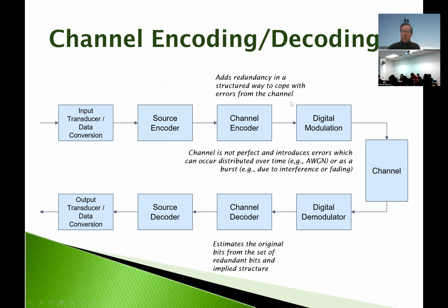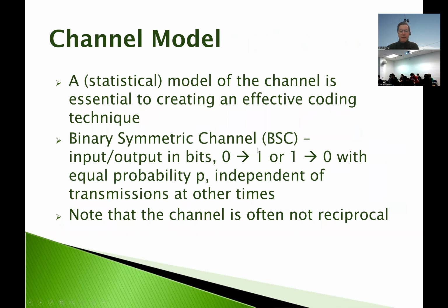So we're really looking at bits in, not symbols, but bits, right? And in and out. And that channel, for whatever reason, inaccuracies, noise, that type of thing, will change a 0 to a 1 or a 1 to a 0 with equal probability P. Hopefully P is small, and it's independent of transmissions at any other time.